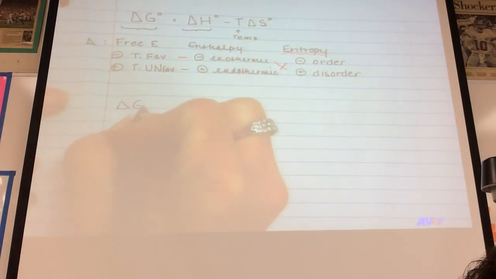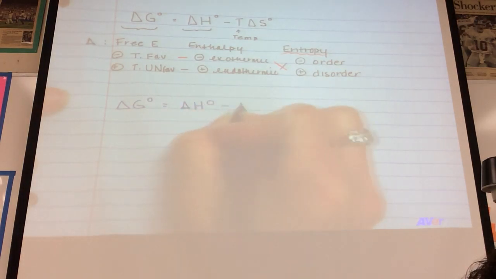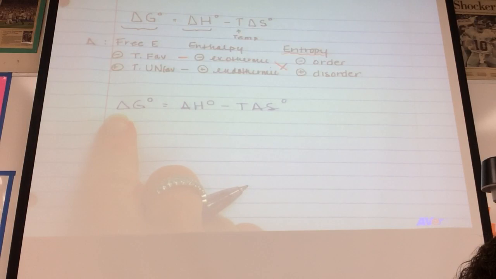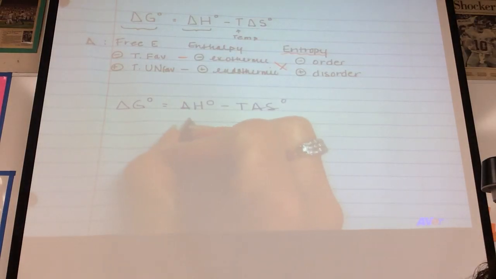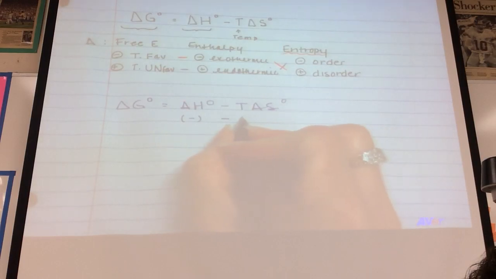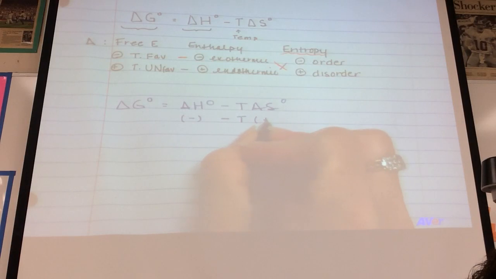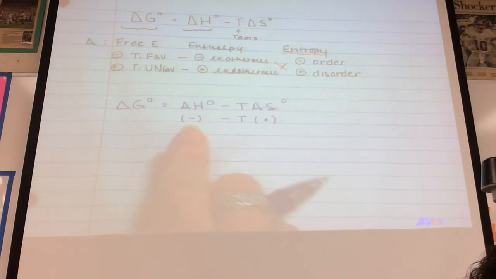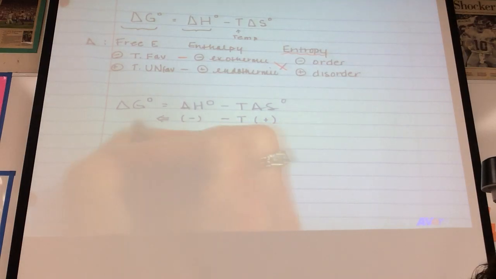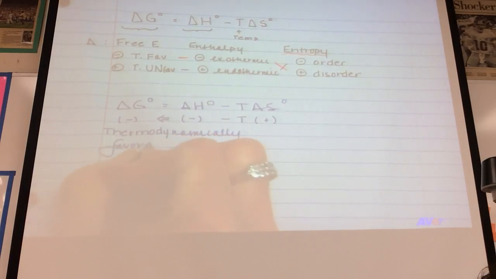For example, in this equation, if you have an exothermic reaction with a negative delta H, and a reaction that illustrates disorder, a negative minus a positive will always, always, always give rise to a negative delta G, and therefore the reaction would be thermodynamically favorable. Always.